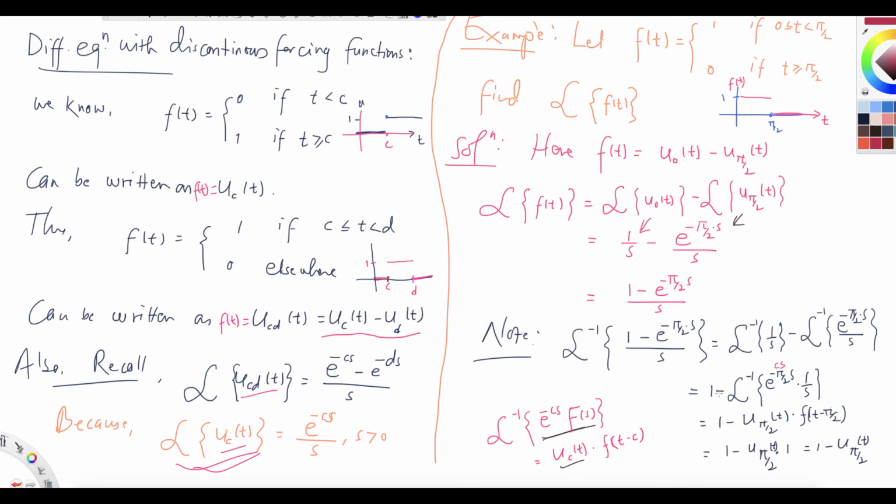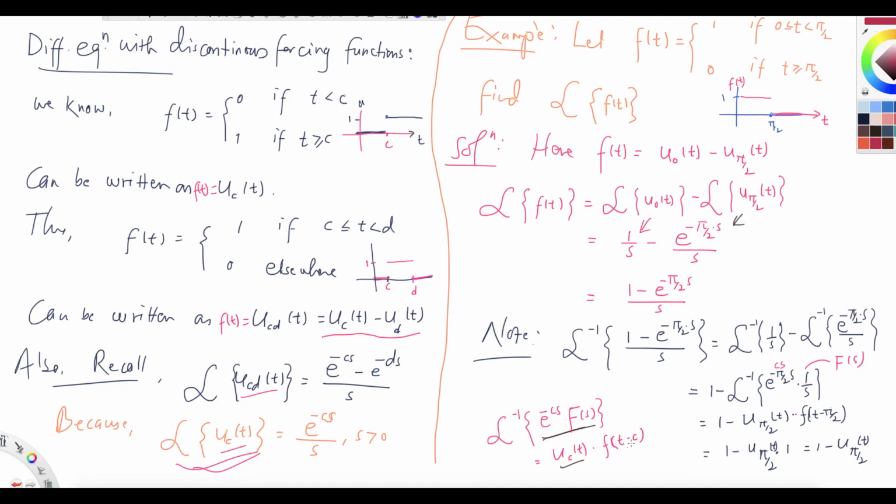So you can write 1 minus the inverse Laplace transform of this whole thing will be u_c(t), that's c, that is u_{π/2}(t), times, this is like uppercase F(s), right? What is the inverse Laplace transform of that? It is lowercase f, right? So what is the inverse Laplace transform of 1 over s? It is 1, right? But you cannot just write f(t) here.